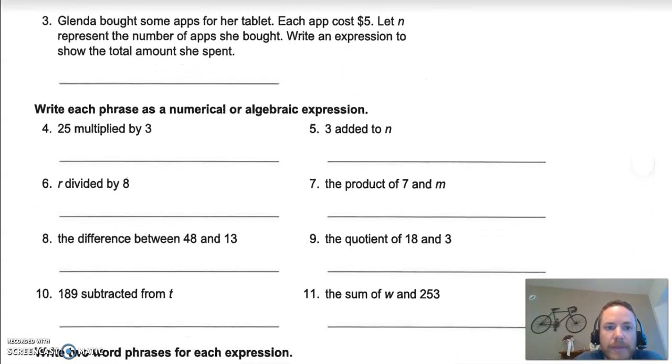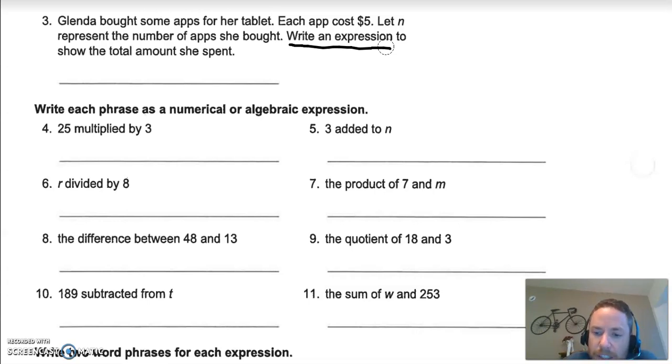Glenda bought some apps for her tablet. Each app cost $5. Let n represent the number of apps she bought. Write an expression to show the total amount she spent. Again, we're writing a math problem where we know one of the numbers, 5, we don't know the other number, n, and we don't know the operation, so we need to figure it out.